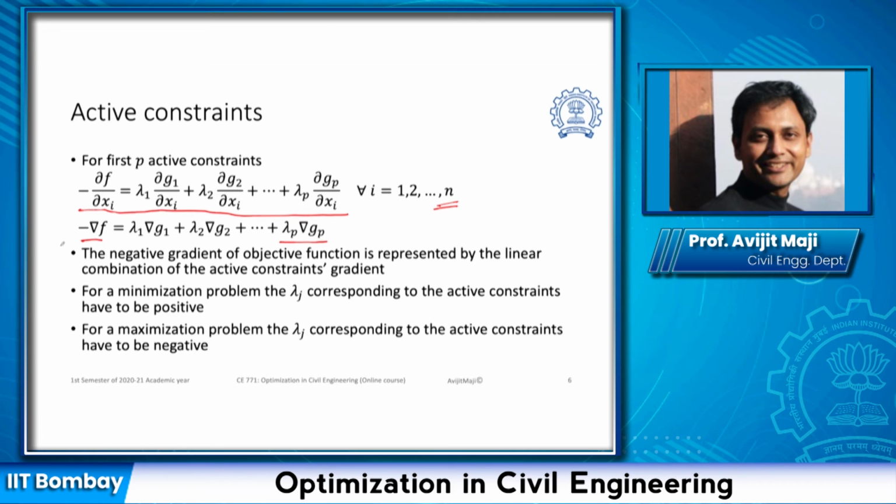And this negative gradient of the objective function is represented by the linear combination of the active constraint gradients.